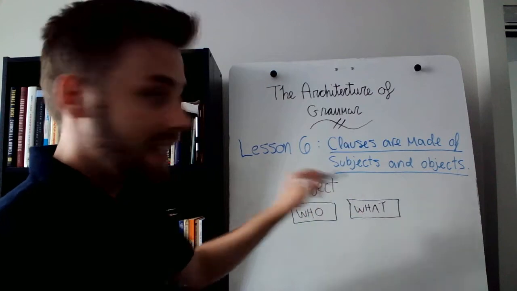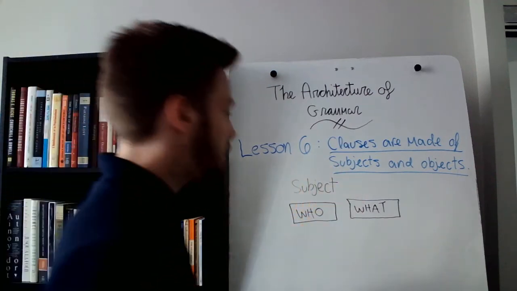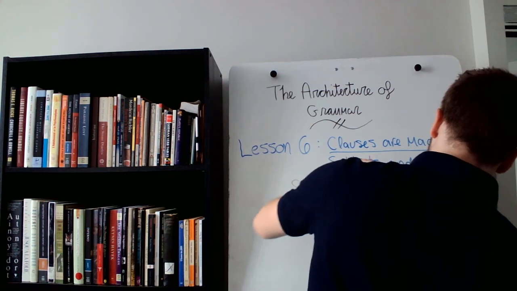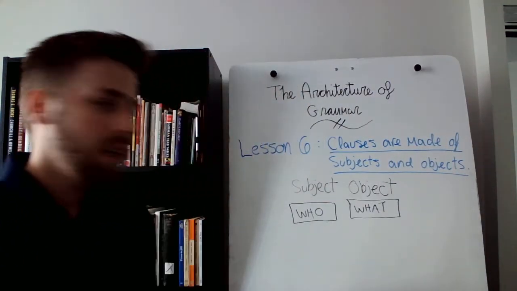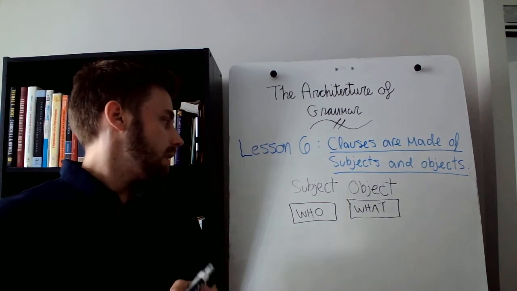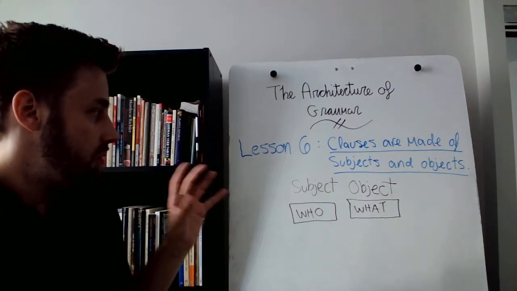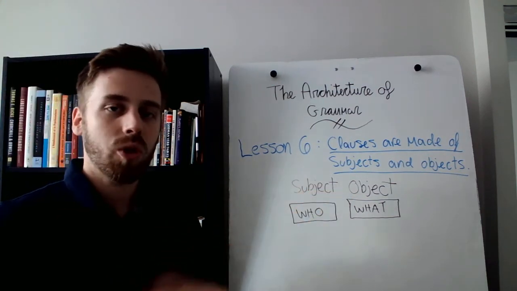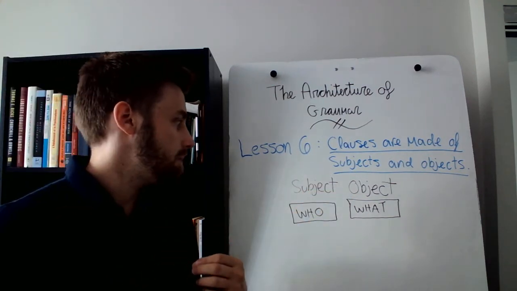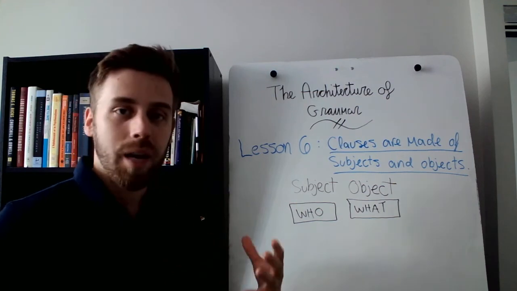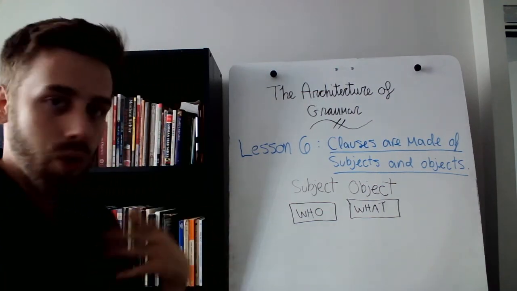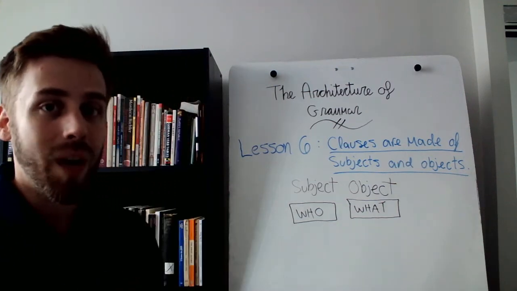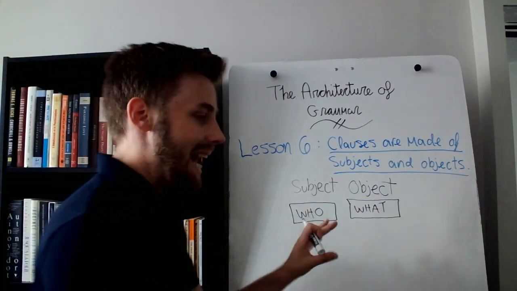Now, the what in the sentence, that is the object. In a lot of sentences, we only have a subject and an object, but there are two types of objects, essentially. There is a direct object, which we find in most sentences, but there are also indirect objects. I'm going to add this.